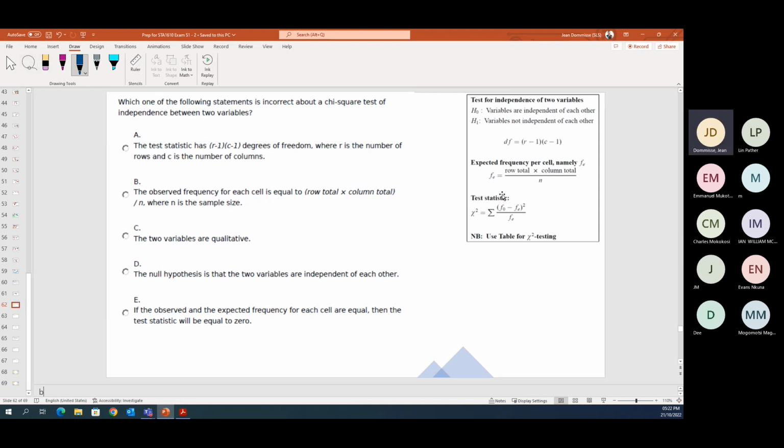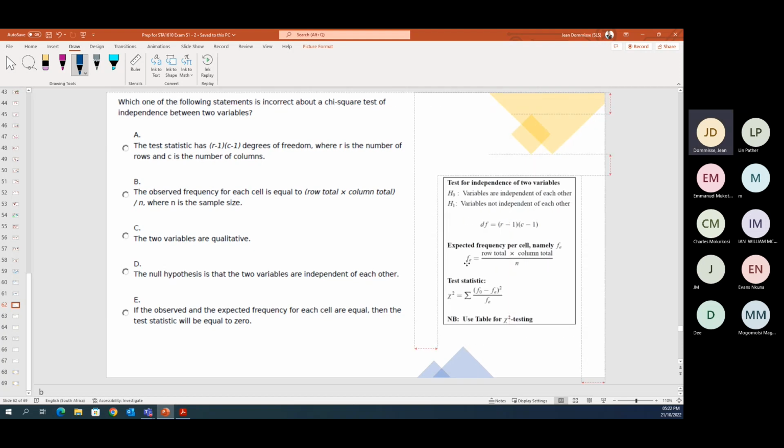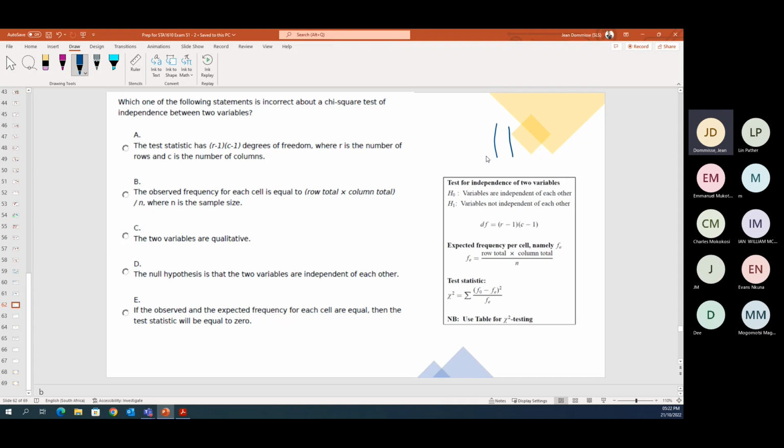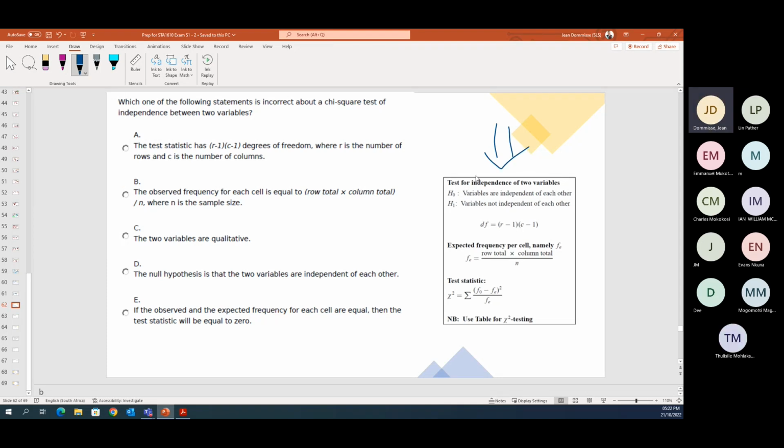This one is on chi-square. For me, this is the important thing that you need to know on chi-square. So there will always be these, what is it?